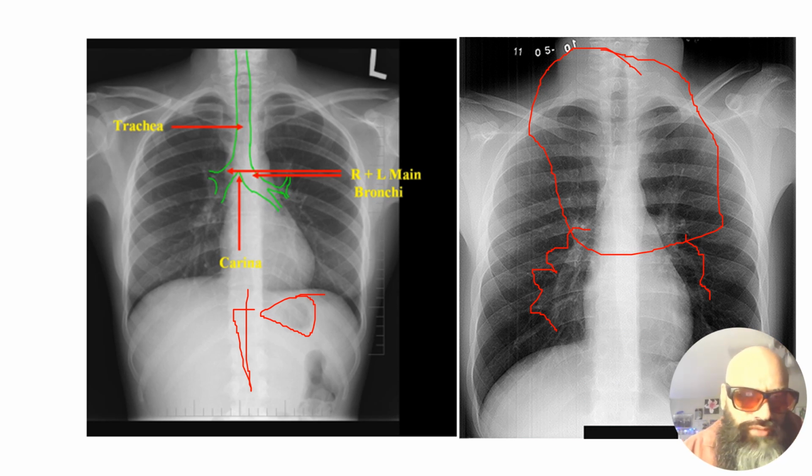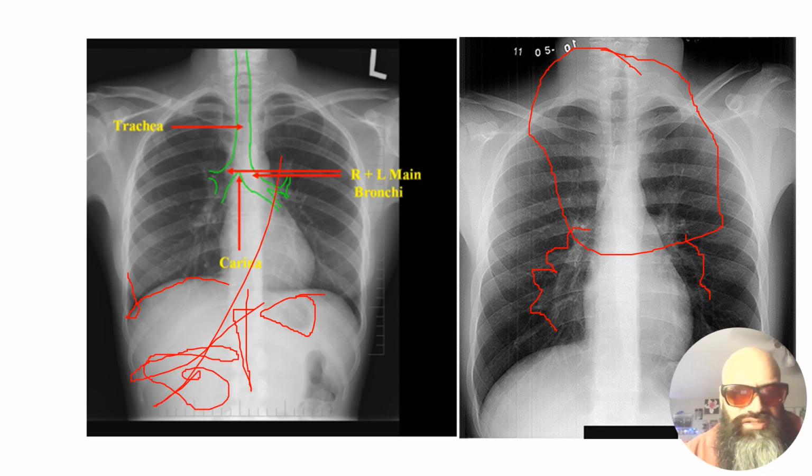The right hemidiaphragm appears higher, more superior than the left. Remember, the liver is directly within this region, so it's causing the right hemidiaphragm to be higher than the left.